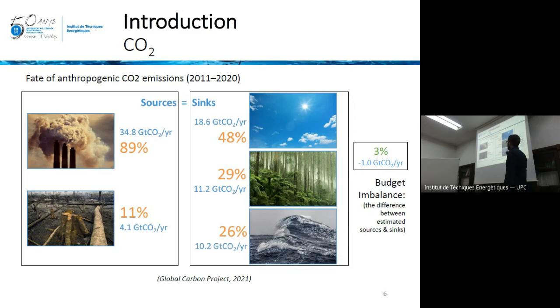So the increase in CO2, the anthropogenic emission, where is it going? So the ocean is capable of taking this 29% of this excess of CO2. Yes, I understand. Okay, thank you.